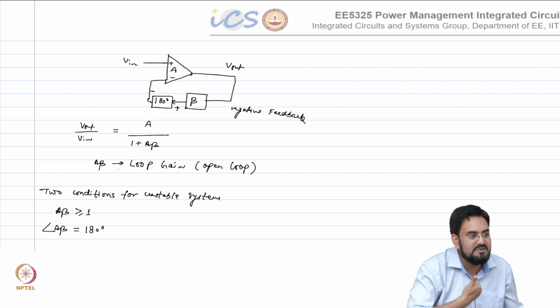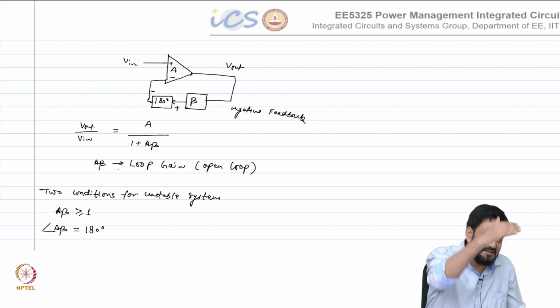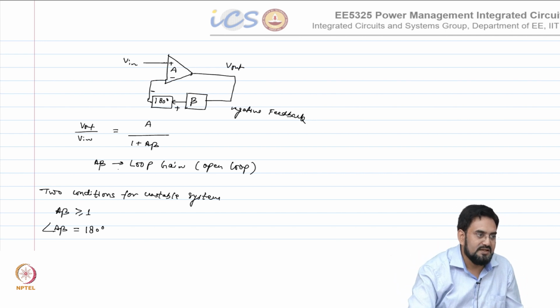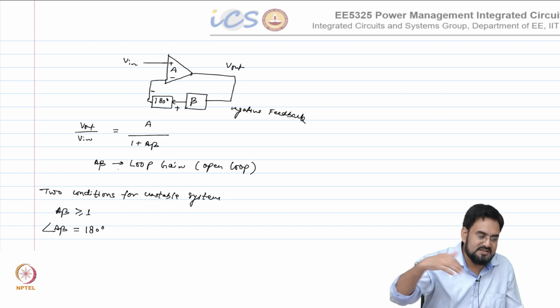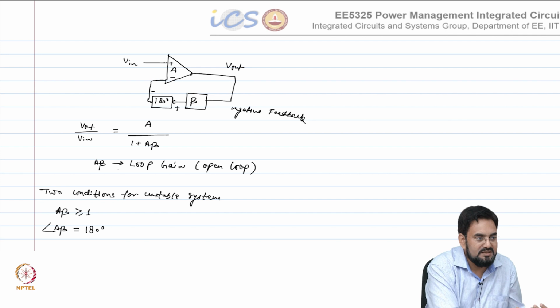Even if your phase shift becomes 180 degrees, your gain is not sufficient, so your output will not oscillate, or go to VDD or ground. It will converge, or your oscillations will die out if it is a second order system. That is why we require A beta greater than or equal to 1 as the ideal condition.